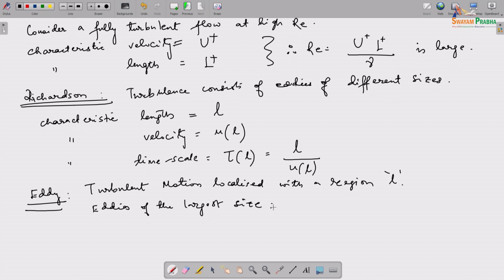That could be interesting: how big a turbulent flow can you get? Can it sustain itself? So, eddies of the largest size.